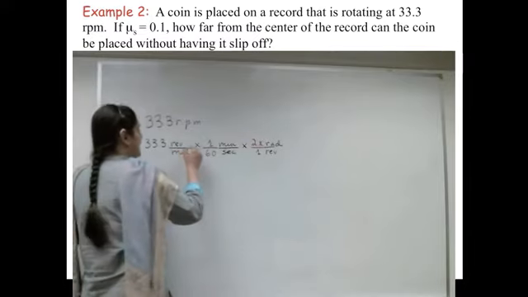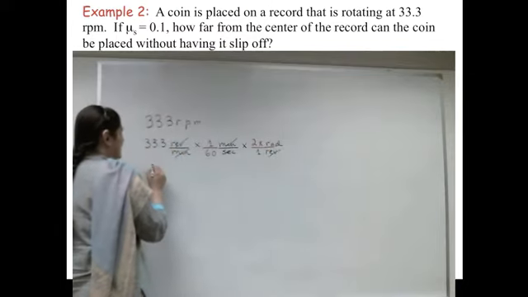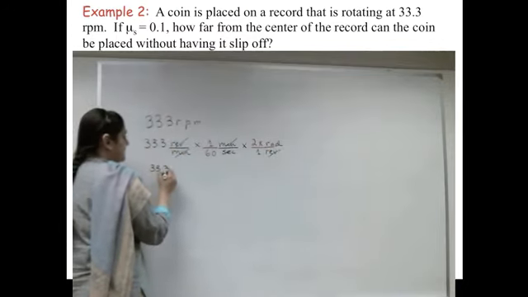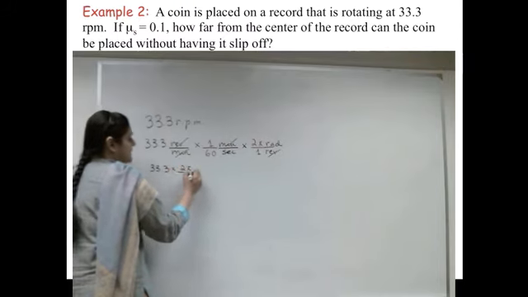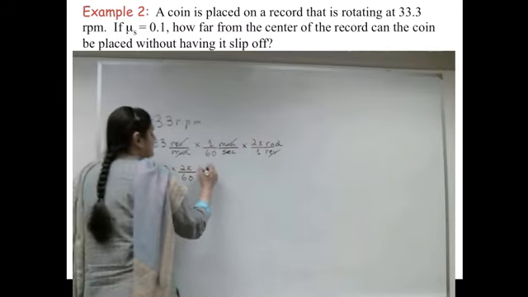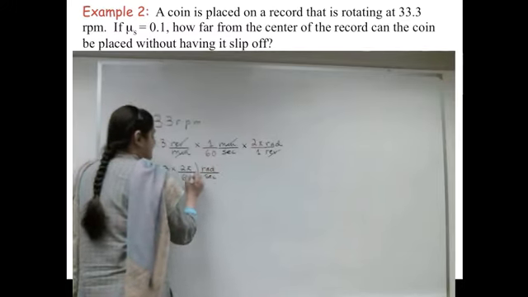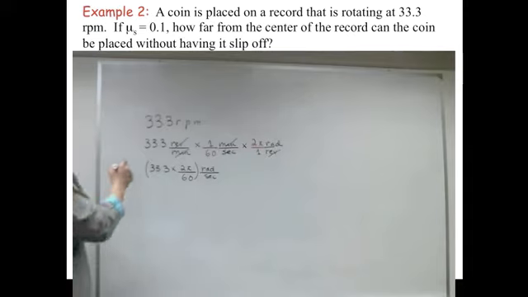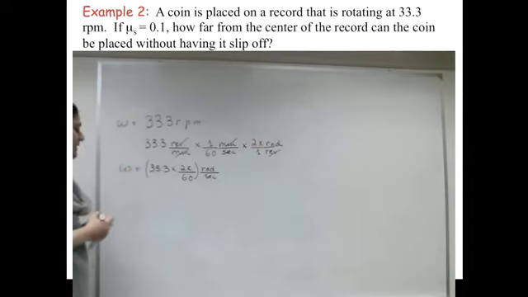So that means my minutes will go away, my revolutions will go away, and I will have 33.3 times 2 pi divided by 60 radians per second. And this is the unit I was looking for, right? So my omega is now redefined in terms of radians per second. So plug it into your calculator, see what you get.